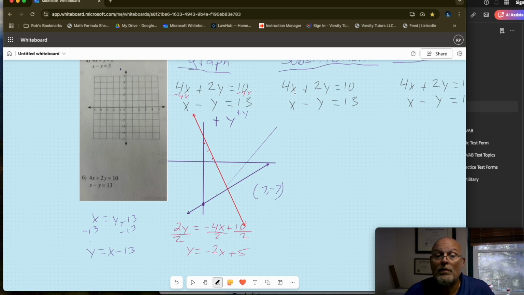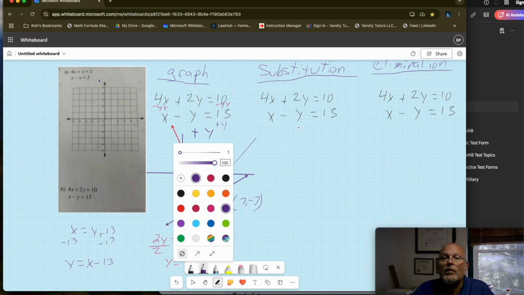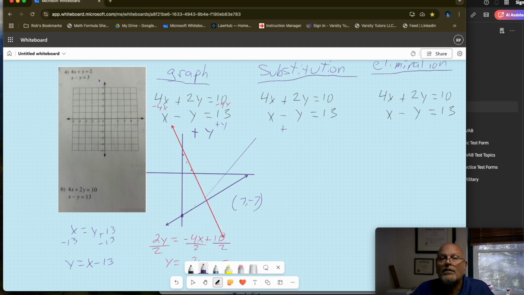Next, we're going to do substitution. And here we're going to solve for the easier one, which in this case will be solving for x. So I'm going to add y to both sides, and I'm going to get x equals y plus 13.